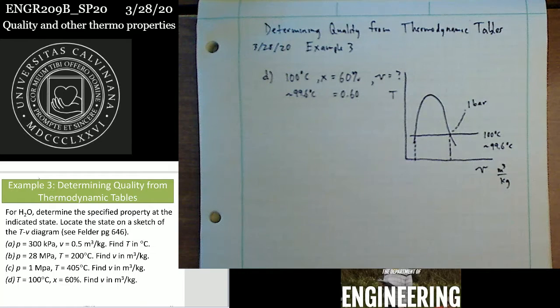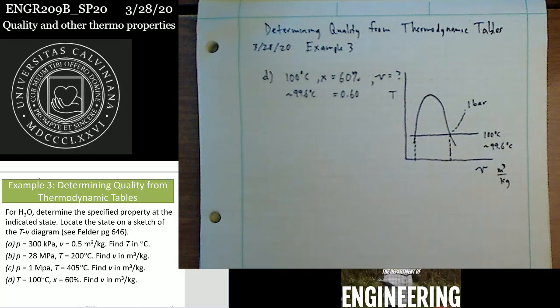Now, if you look in your table B7 on page 650 in Felder, you can see that there is actually not a saturation temperature of 100 degrees C, because as opposed to being in atmospheres, this table is in bar.